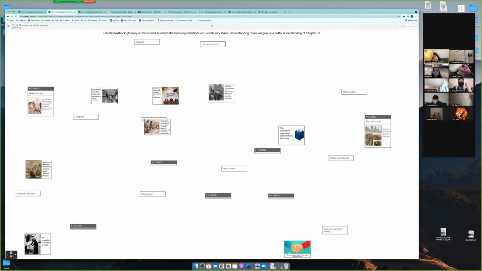We know the 15th Amendment guarantees the right to vote, but we're going to see Southern opposition to this. So although the law technically allows this, the Southerners are going to try to find workarounds around that. So some of those vocab terms we just talked about, poll tax, literacy test, and grandfather clause are all going to play into how we see the 15th Amendment happening in the South.